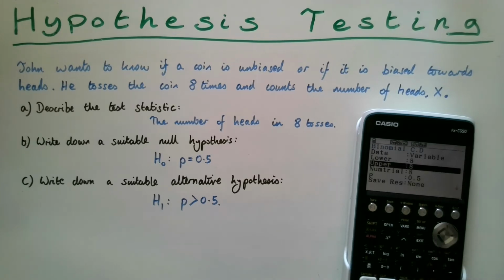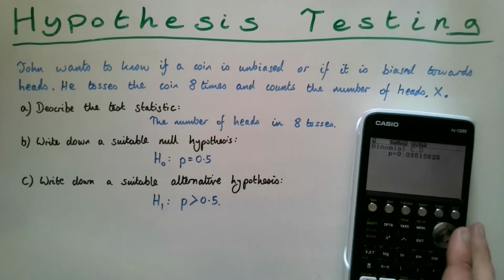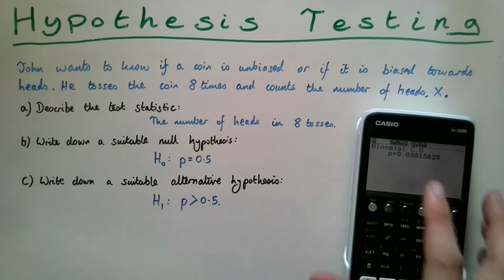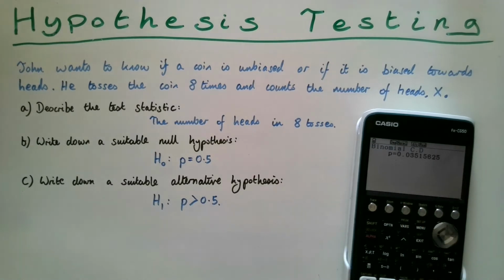So then I might say, well, what if there was 7? Oh, I've gone the wrong one there, haven't I? Lower of 7 and an upper of 8. That's giving me 0.035. So suddenly that's a 3.5% chance of that happening.